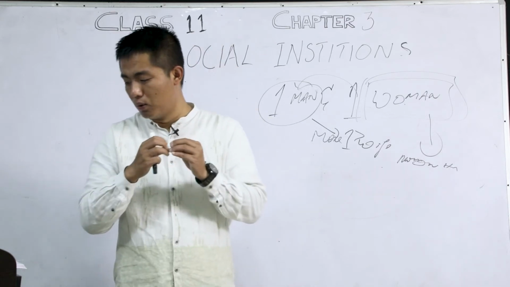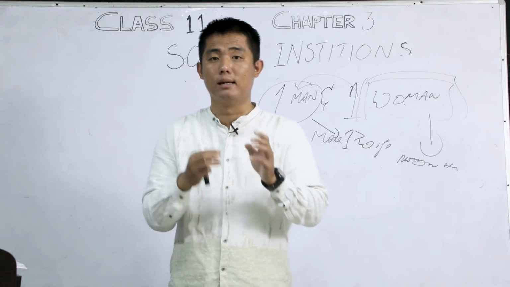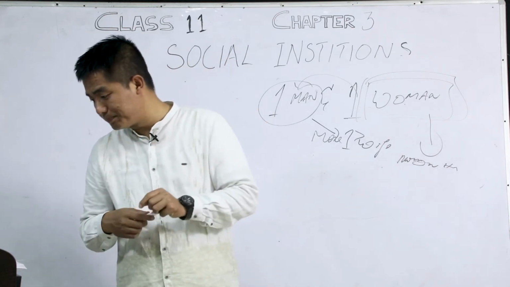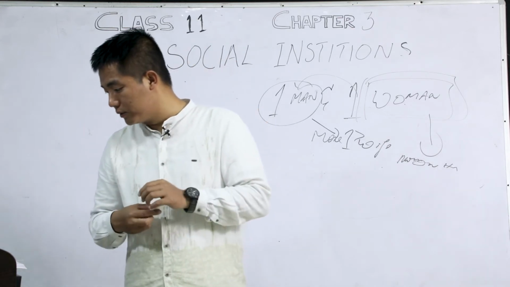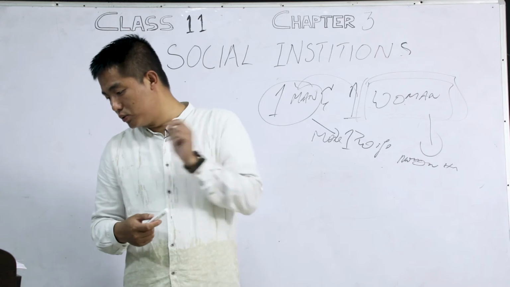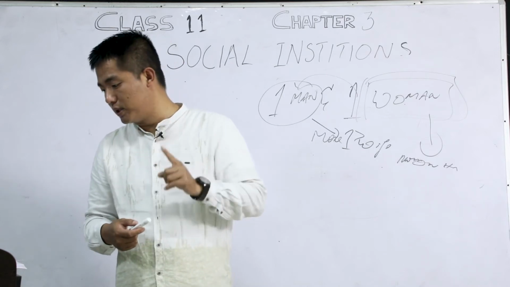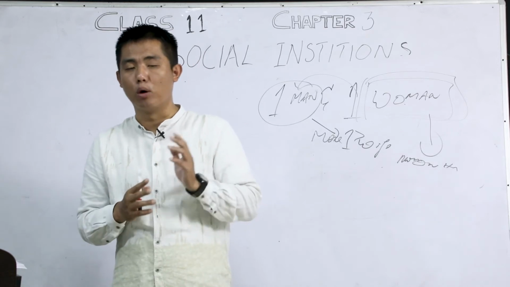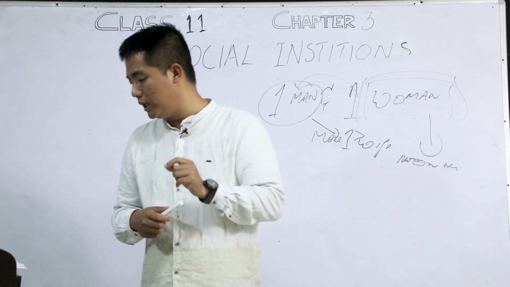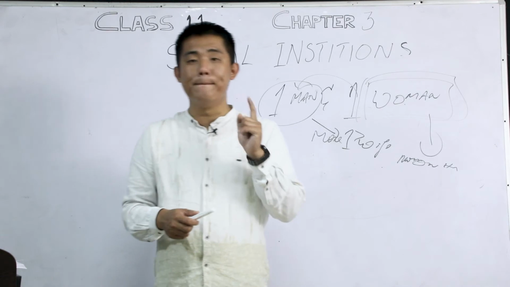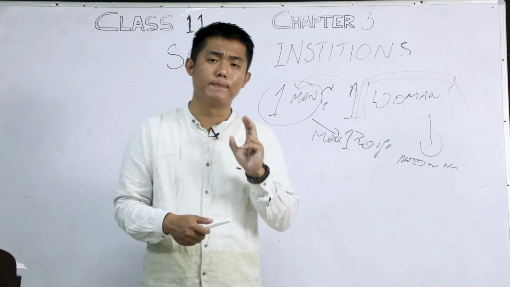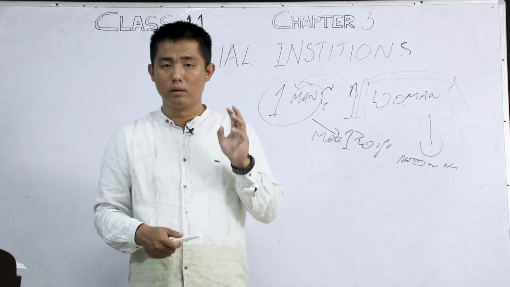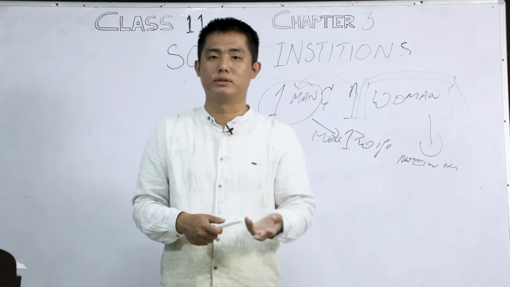Now, let's go into a little more detail about polygamy. It says that there are two forms under this. The first one is called polygyny. Polygyny is a union in which a man is married to two or more wives.